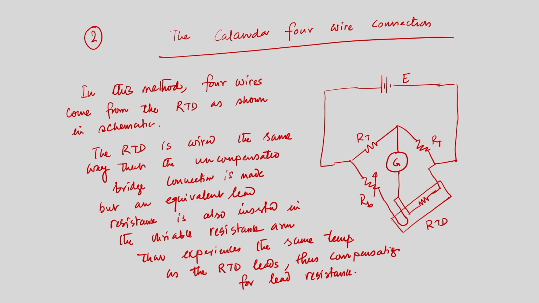So it will compensate. This is the 4 wire scheme, and finally, we need to know the floating point arrangement.